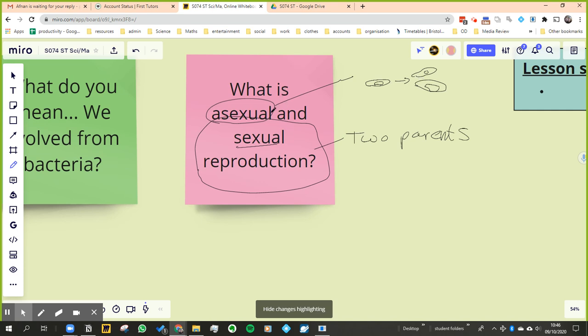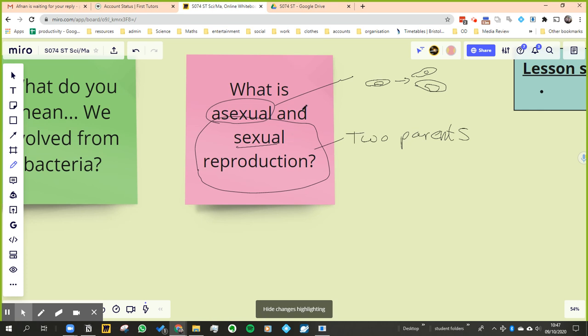Now you do have types of asexual reproduction with some other plants and even some animals, where again it would just be one parent, and they've worked out a way to produce a copy of themselves without having to find a mate, without having to find another animal to have sex with, basically.